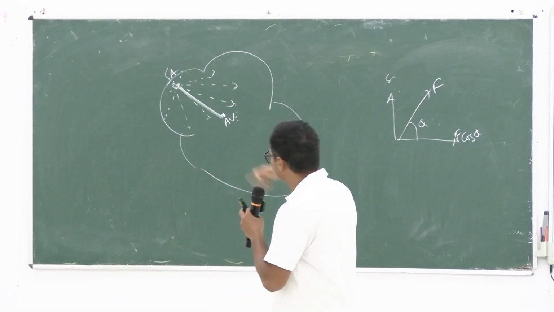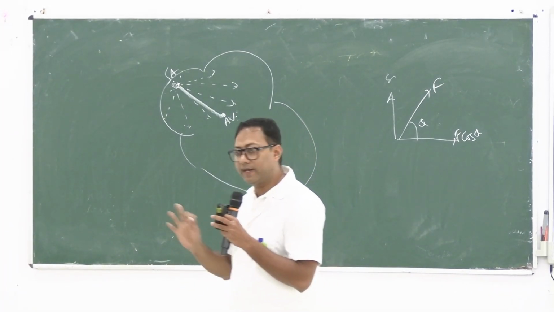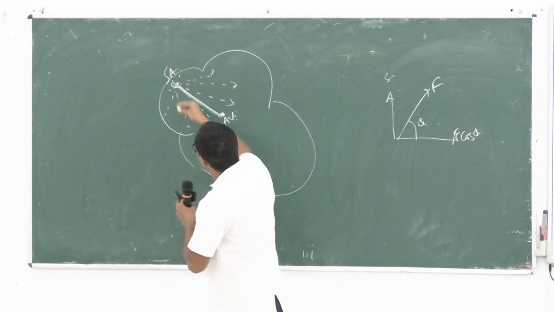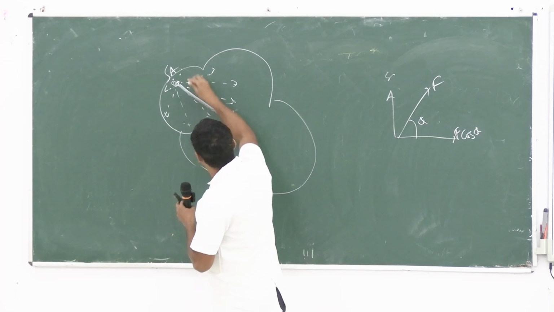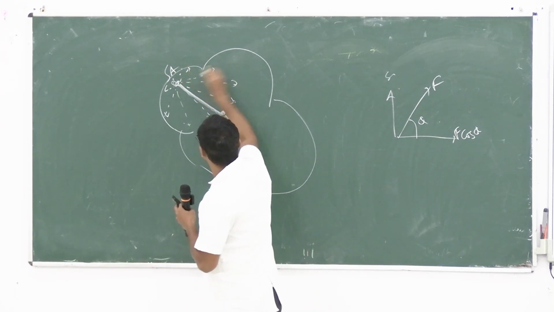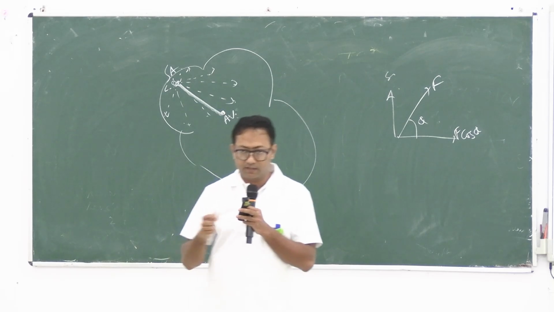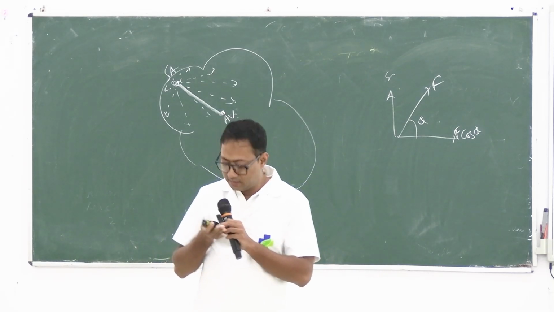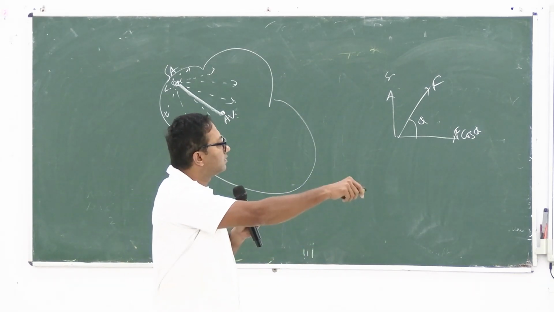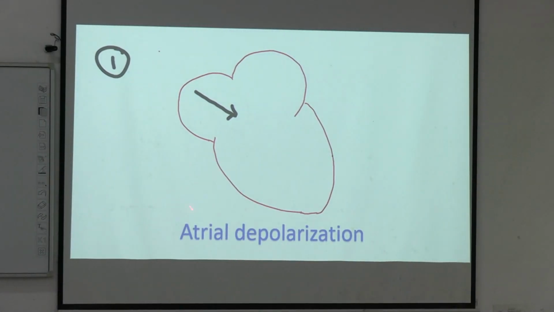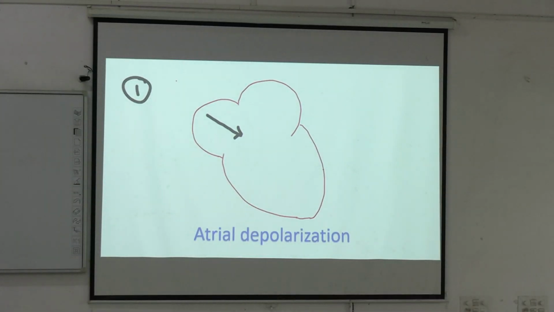If you sum all the small atrial vectors, you get a resultant vector. And this resultant vector is this. So this is the resultant vector, and this is also called the atrial depolarization vector.